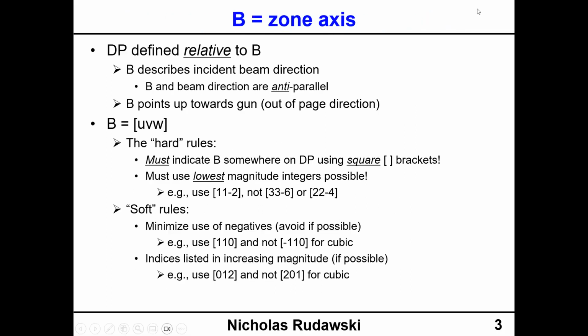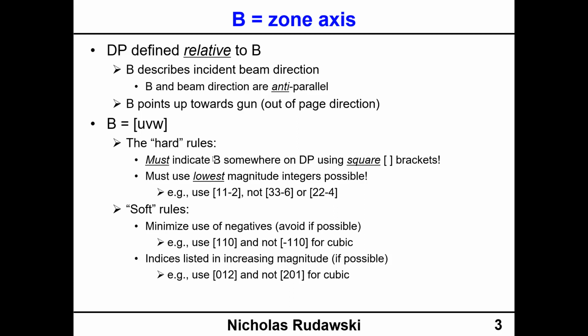Now the zone axis, which was the thing that started all this: we always define a diffraction pattern relative to a zone axis, and the convention is that B points out of the page. So B is traveling the opposite direction that the beam travels. B points up toward the gun, and again, B is a direction, so you have to put these square brackets around it.